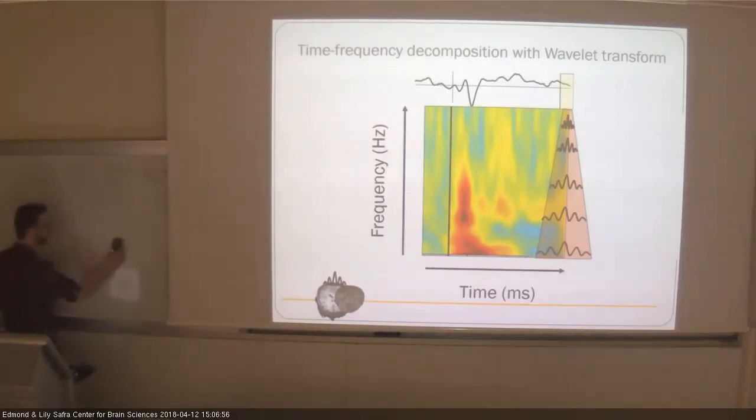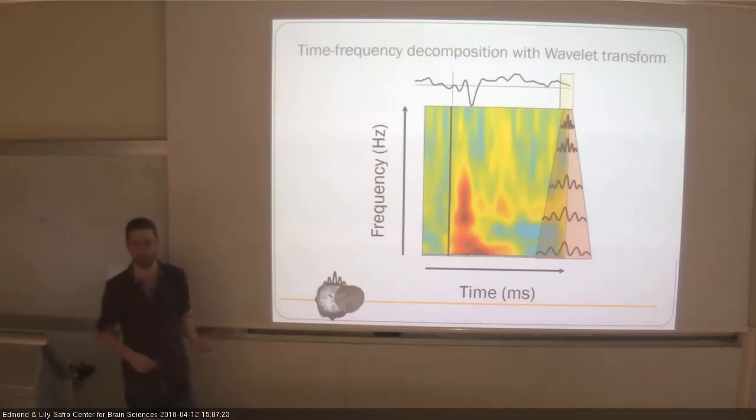our wavelets are actually complex wavelets. So at each time point, we're convolving not with just this function, but also with its imaginary, or sine and cosine, equivalent, which I'm not going to draw, but it's just the same thing shifted, so cosine instead of sine. And then we convolve with this complex function, and we get a complex result.